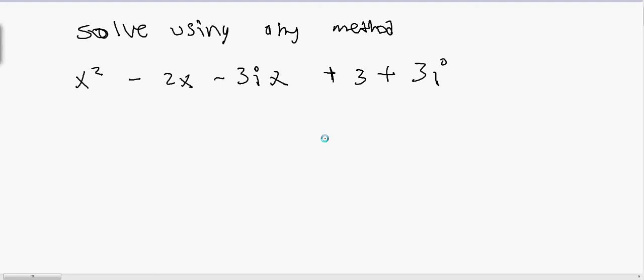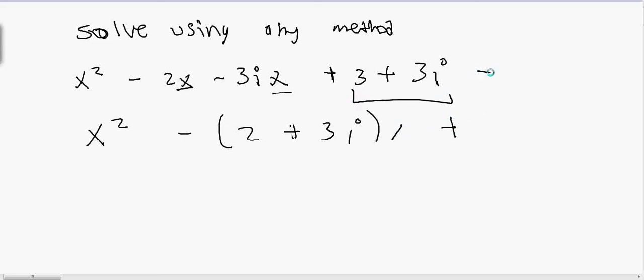So over here, you see you have two coefficients of the same x term. You want to combine that into minus 2 plus 3i x plus, and then this whole thing, by the way, is equal to 0.